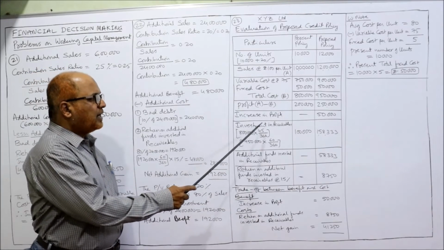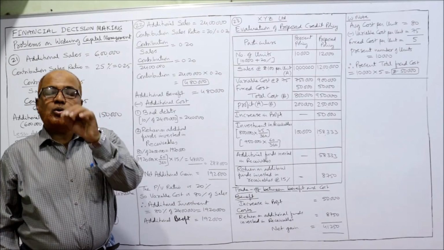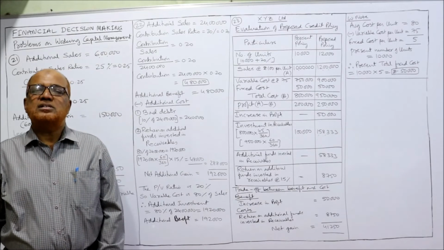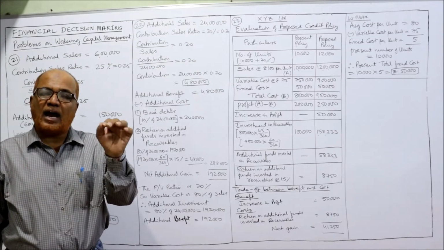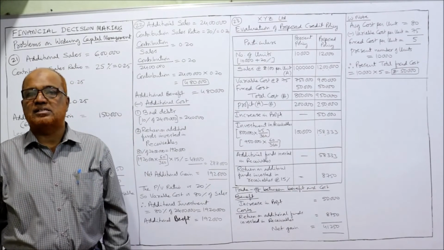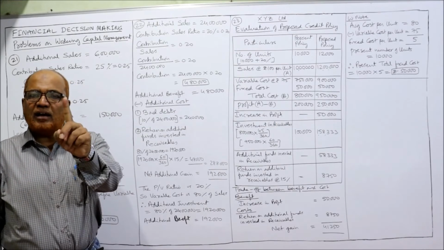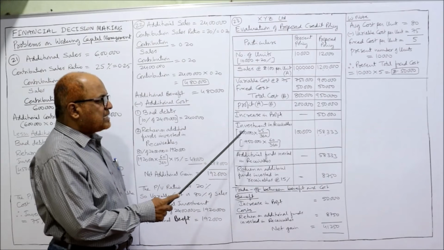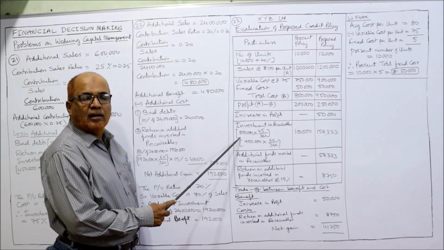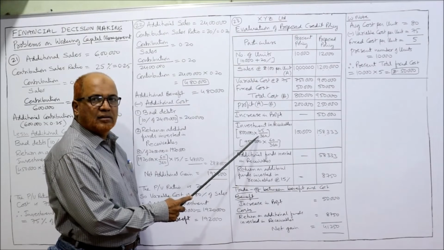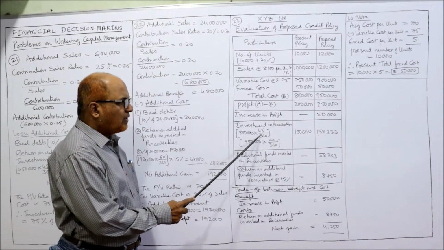Now, investment in receivables. What is the total cost at present? 8 lakh. And how much is the credit period given at present? 45 days. So in 1 year, the total cost is 8 lakh, but we need it for 45 days. So 8 lakh into 45 by 360.